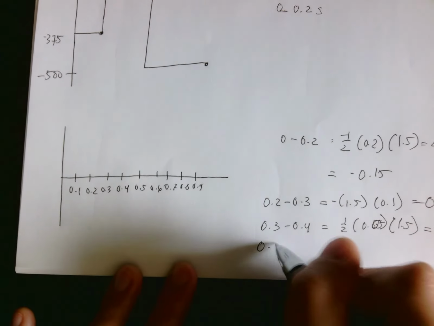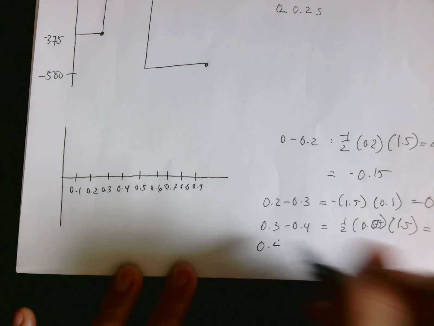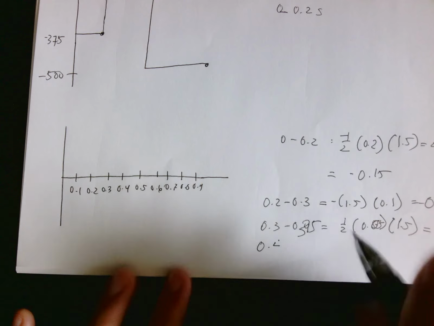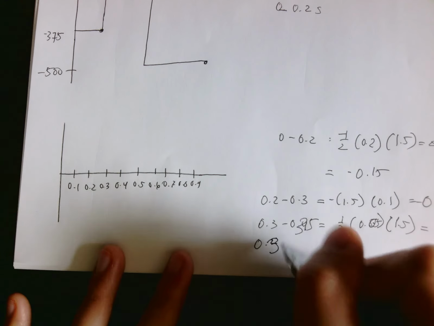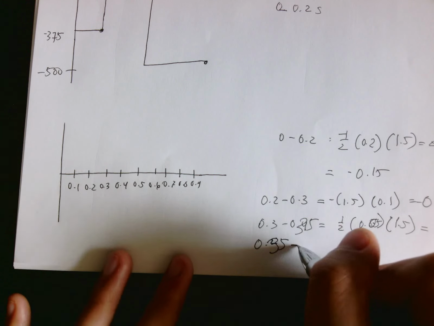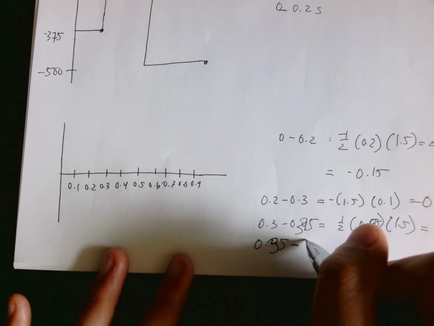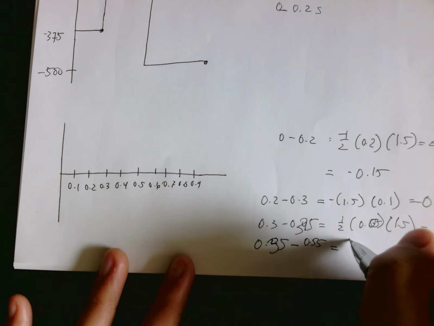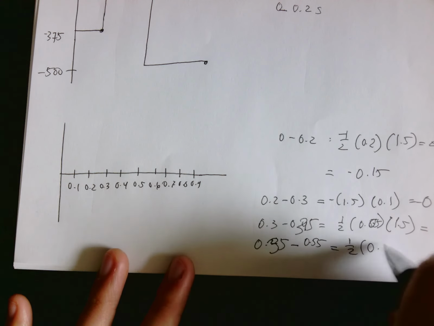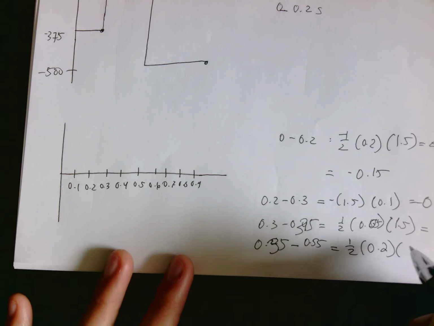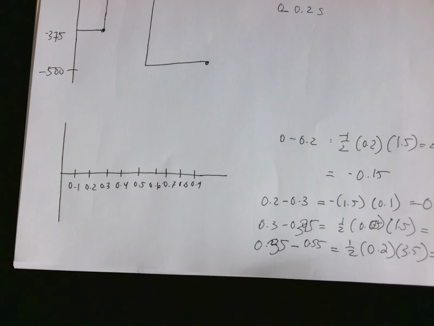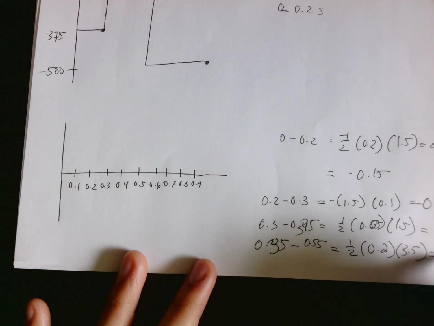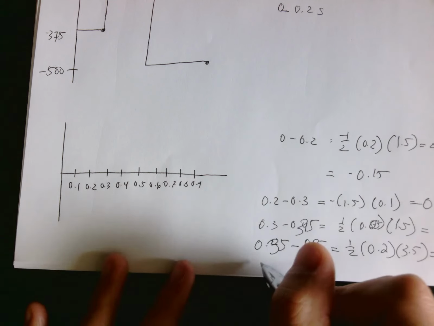And then from 0.35 to 0.55, it is equal to 1/2 times 0.2 times 3.5, which is equal to 0.35 delta x.